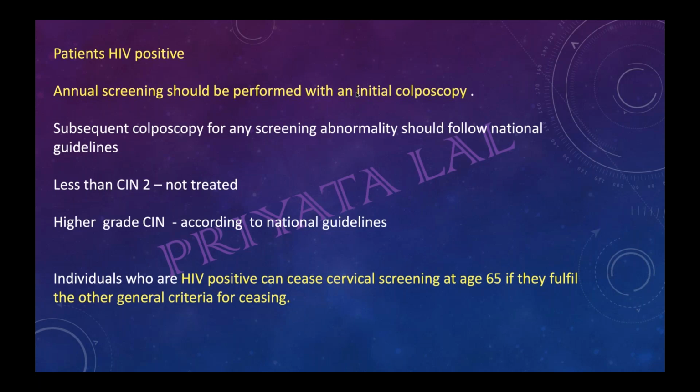It is according to the normal patients only. In the routine guideline also CIN 1 is not treated, only CIN 2 and CIN 3. Because of their HIV status, clinicians overtreat them, so these HIV patients should not get any overtreatment.